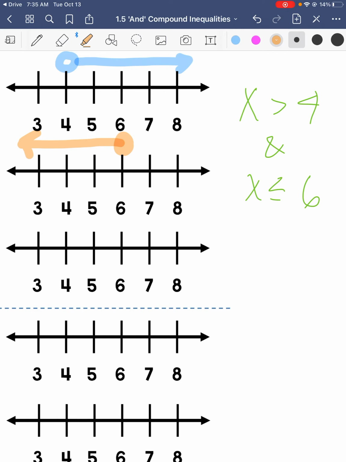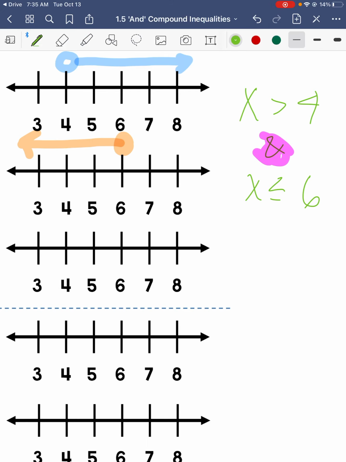Because we have the "and" symbol here, that basically means that we want values of x that satisfy both of these conditions.